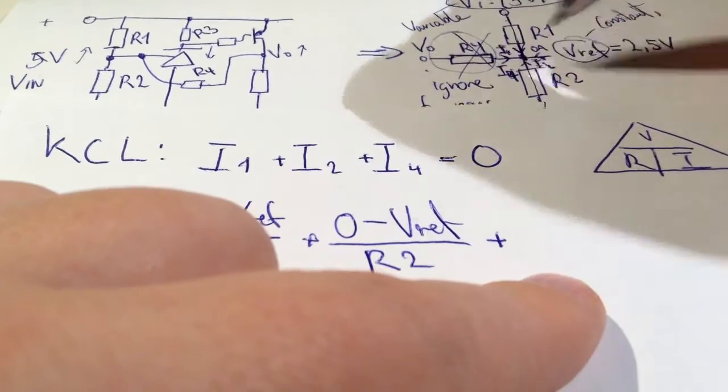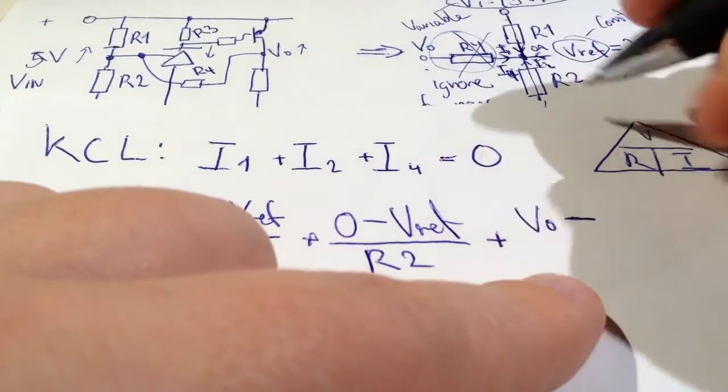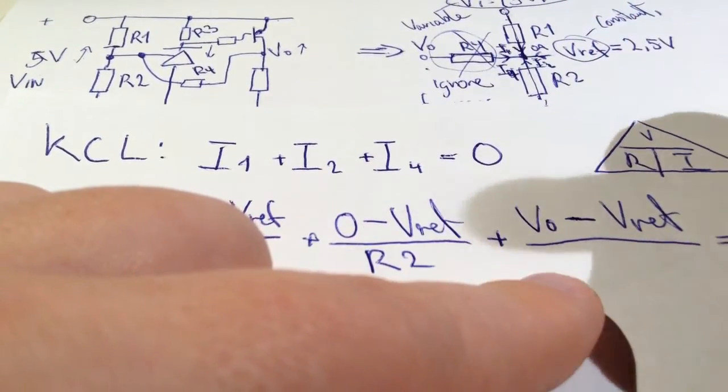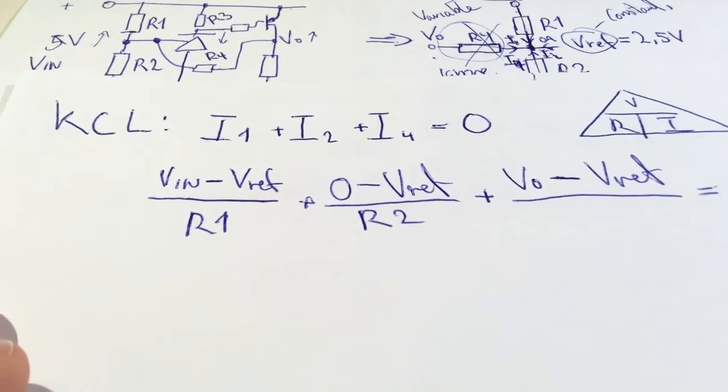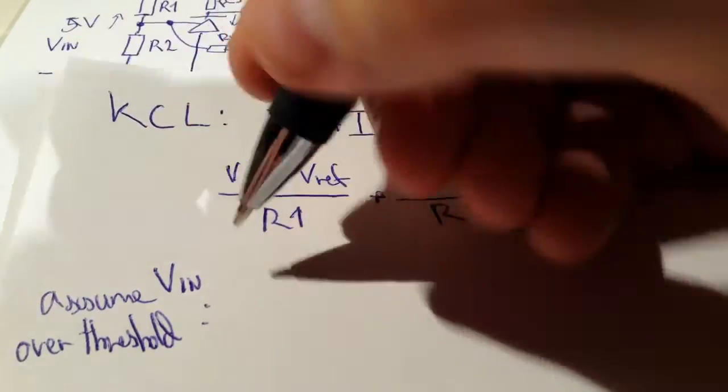So that's what I initially did. Basically you sum all those currents together to 0, and then you replace current with voltage and resistance, the Ohm's law, like we did earlier.